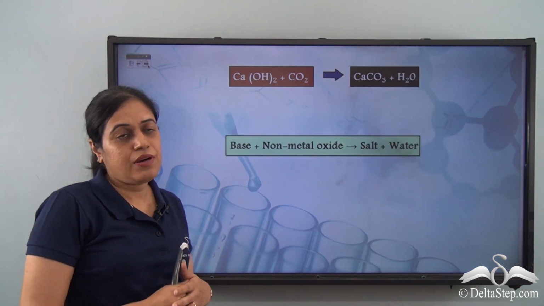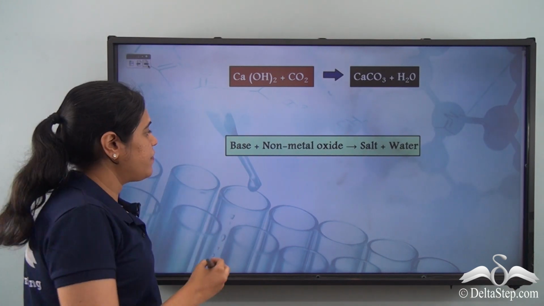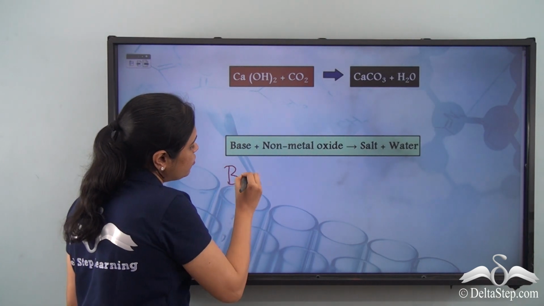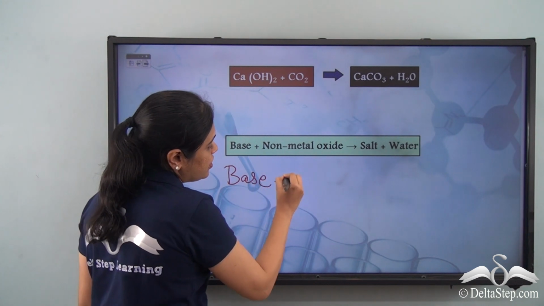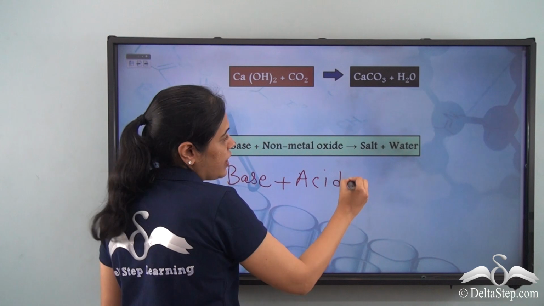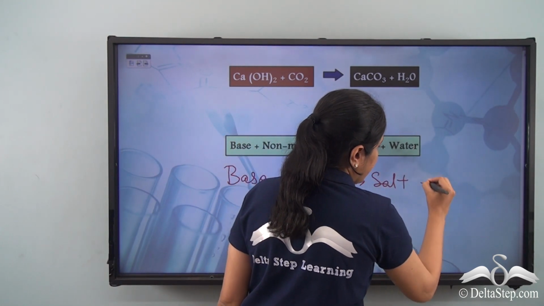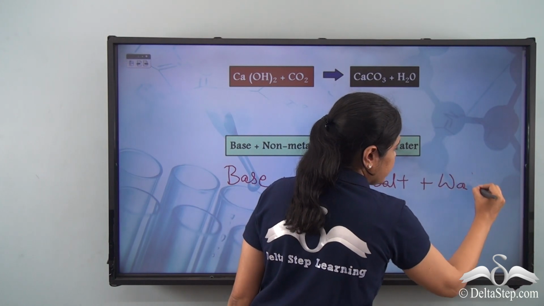Now once again, does this reaction remind you of some other reaction? Well, we can compare it to the neutralization reaction where base and acid react to give salt and water.